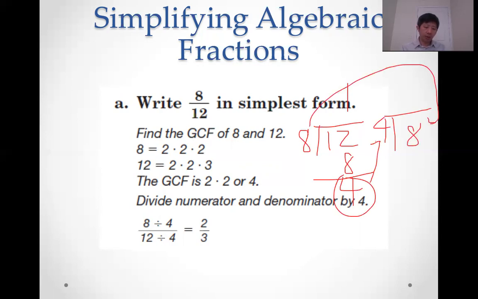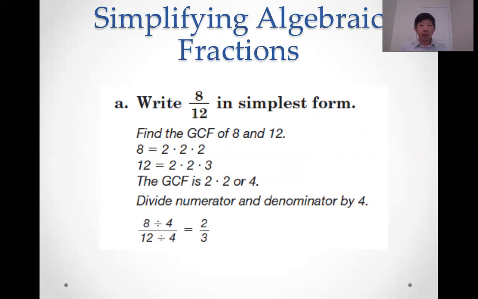So that'd be 2 times 4, got 8. Do we have a 0 for remainder? Yes, we have a 0 remainder. So therefore, we say this is the GCF, right? So this is the Euclidean method, all right? So we have several different ways we can find the GCF, and then therefore you divide by 4, divided by 4 for the GCF, the answer is 2/3, all right?